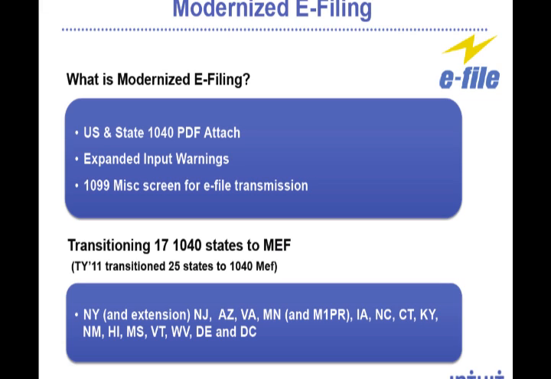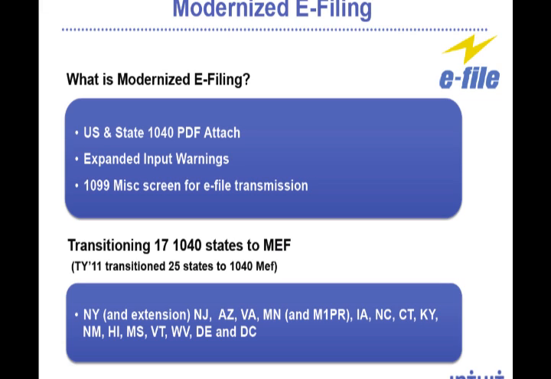So the first one that we want to talk about is Modernized E-File, specifically in the individual module. So Modernized E-File has finally come completely to the individual program. So there's no more of the dual payload or the legacy file format. Everything as far as federal and most states are for Modernized E-File.